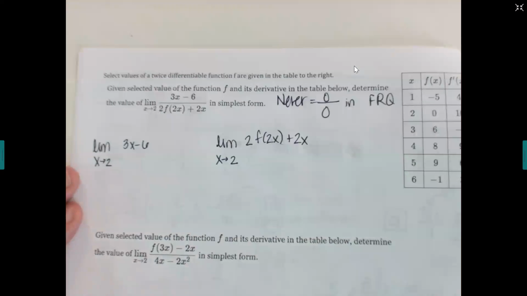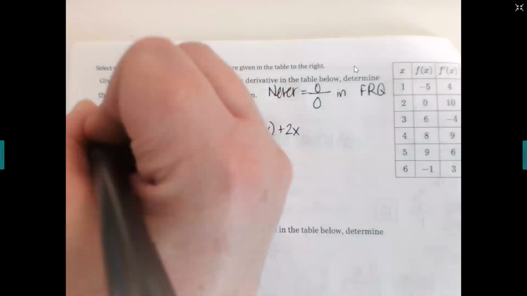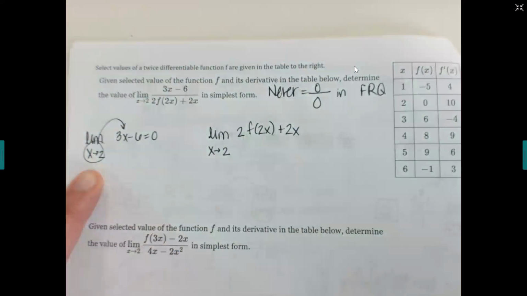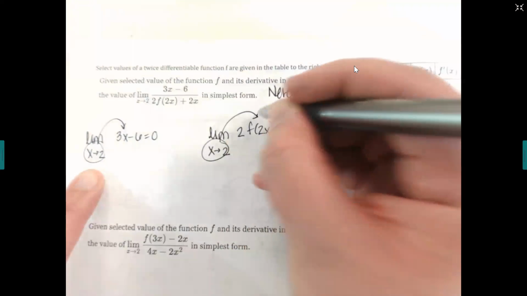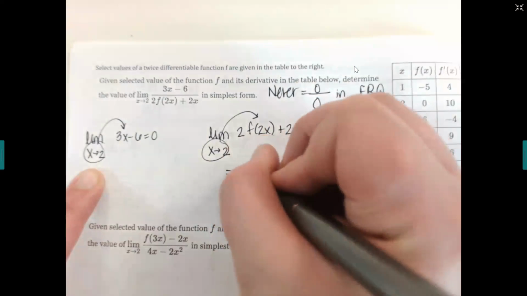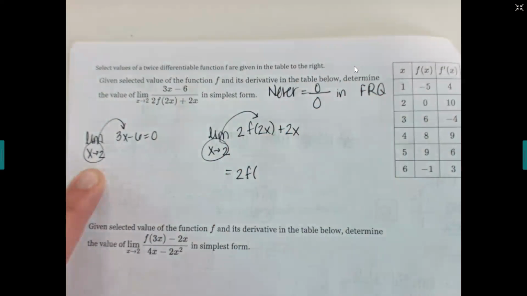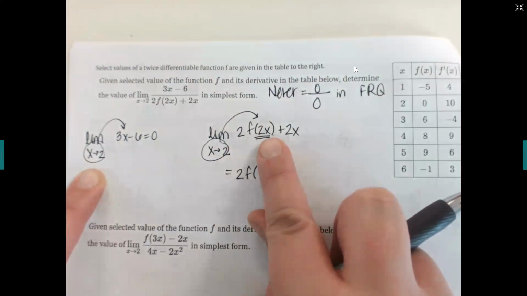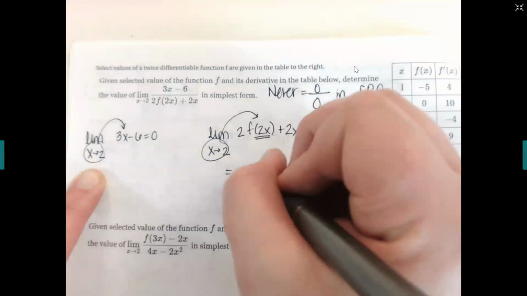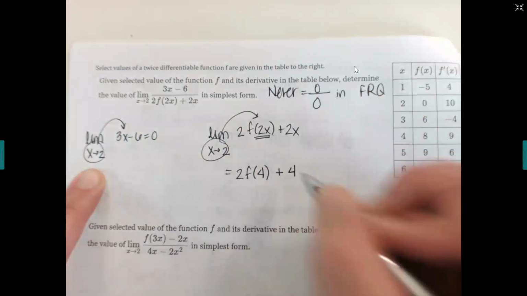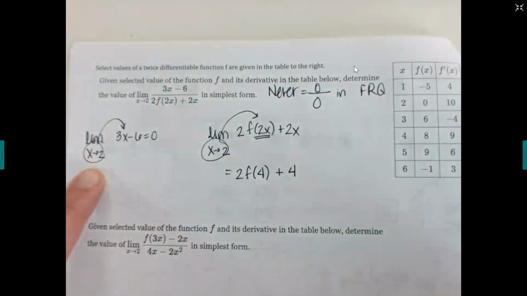So let's plug in 2 first. What's 3 times 2? 6, and 6 minus 6 is 0. Okay, for the second one, we're plugging in our x approaching 2. So I have 2 times f of 2 times 2. What will that be if I plug in a 2? 4. F of 4. And then plus 2 times 2 is 4. Where can I find f of 4? What did they give us?